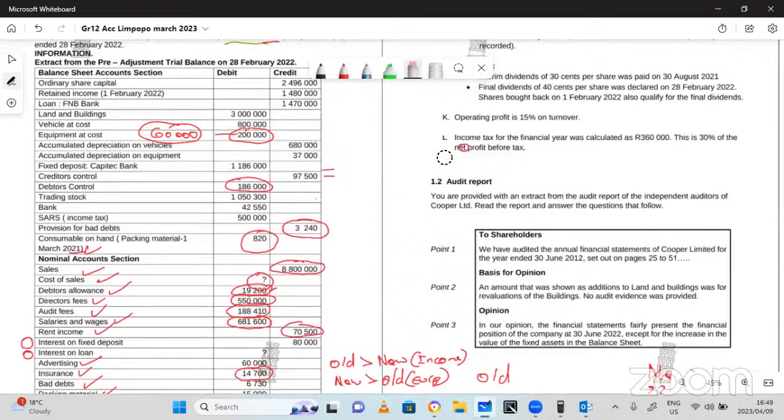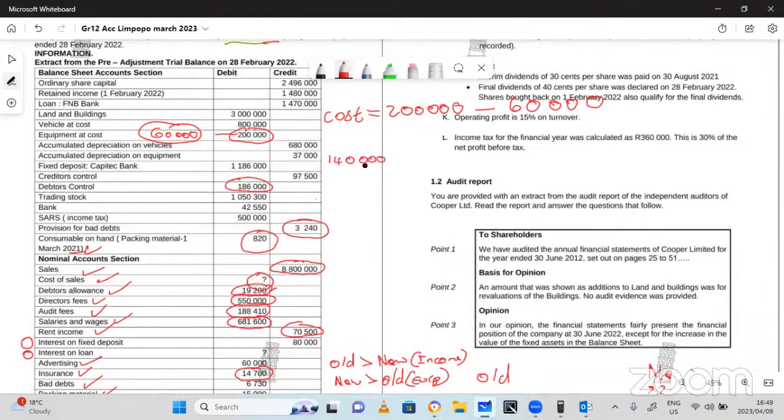We will subtract the cost price of the old equipment. So now that means we'll first calculate the cost of the new equipment. We are looking for our cost of this old equipment. So we are going to take the 200,000 rands and subtract the 60,000 rands to get the cost only for the old equipment, which will be 140,000.